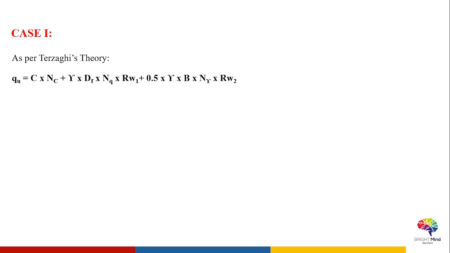So we'll consider this case in which the water table is 4 meter below the ground level. As per Terzaghi's theory, since this is a case of strip footing, the equation for bearing capacity is written as C into NC plus gamma into dF into NQ into RW1 plus 0.5 into gamma into B into N gamma into RW2, where RW1 and RW2 are the correction factors which are applied to the surcharge term and the wedge term.